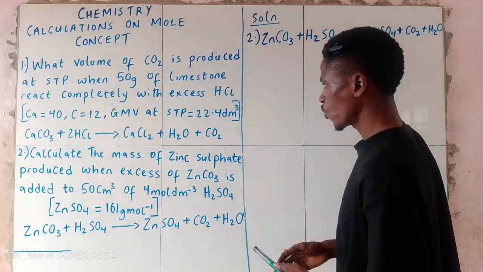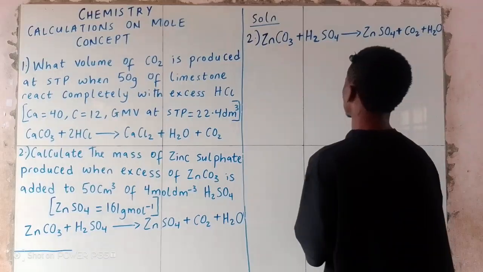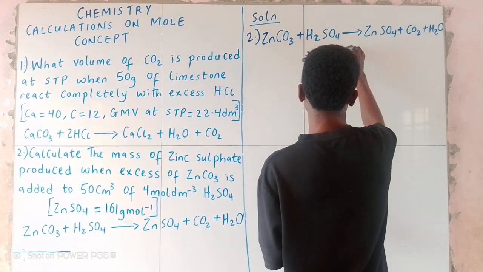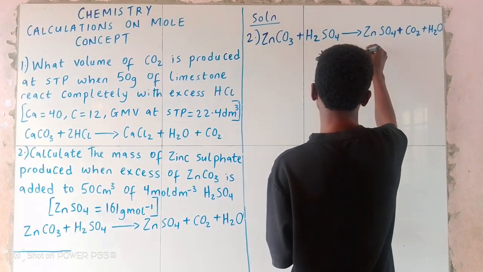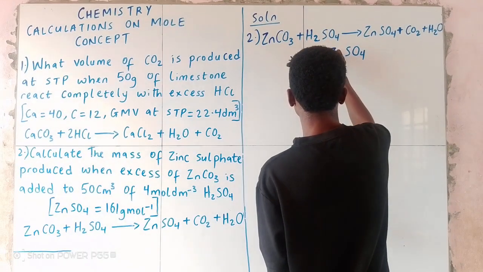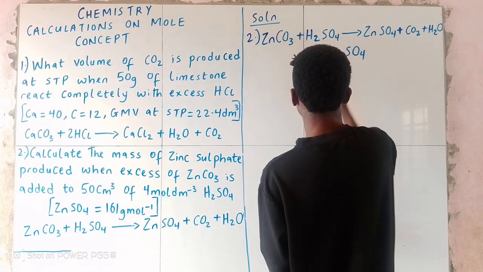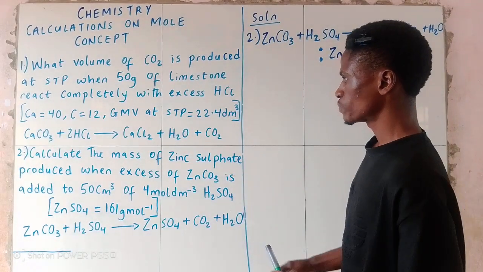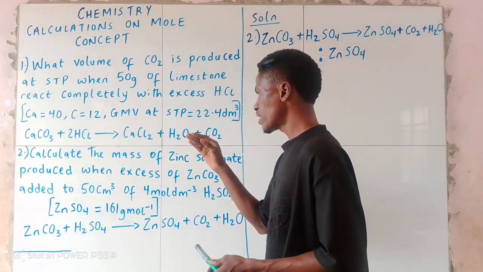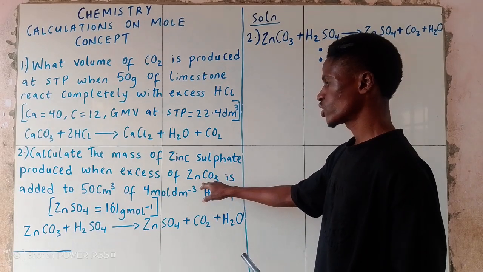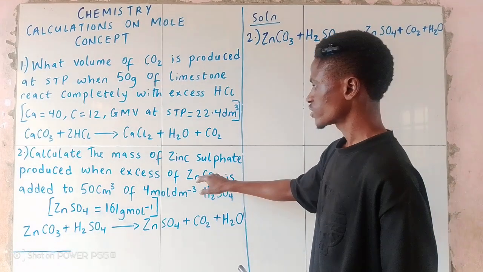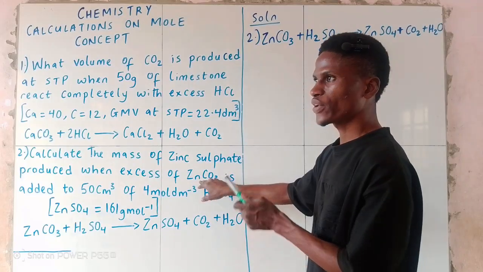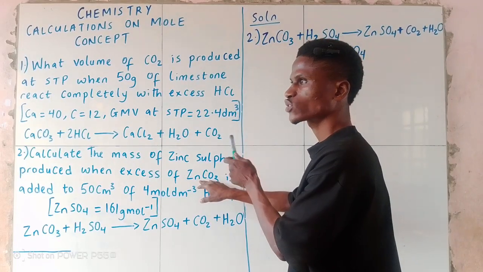And where is the zinc sulfate? This is zinc sulfate. So it means that you must be able to identify chemical compounds when you see them. Zinc sulfate produced when excess of zinc carbonate. As you can see here, zinc carbonate, though it is appearing in the question, it has no value attached to it.